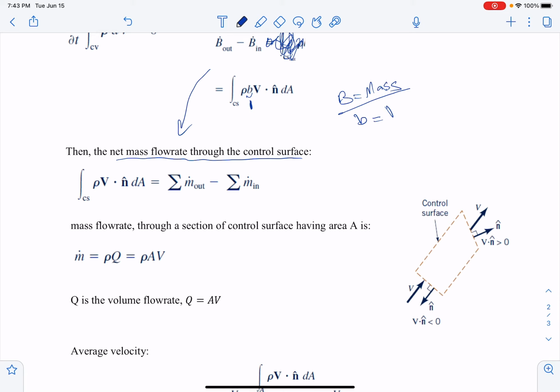You need to review that. But I showed you that if we have the velocity going in, we have a negative sign, and if the velocity is coming out, we have a positive sign, and it's because of the nature of the dot product, right?